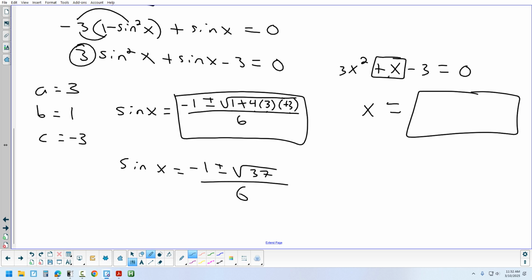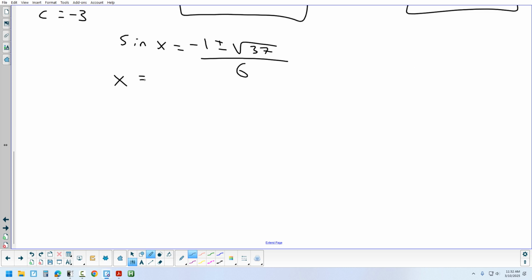Okay. So if you were doing the quadratic formula on the problem on the right, you'd be done. That's your answer. But for us, to get x by itself, we have to take the inverse sine. Okay. Let's split that into two problems.